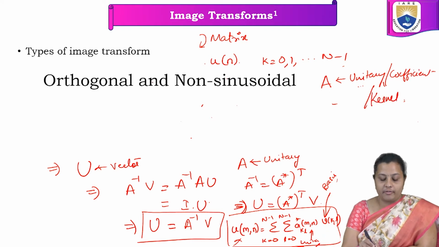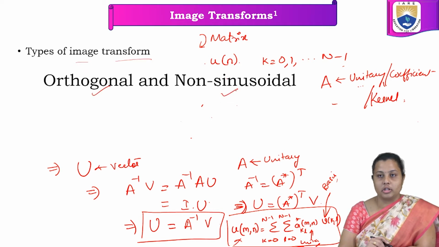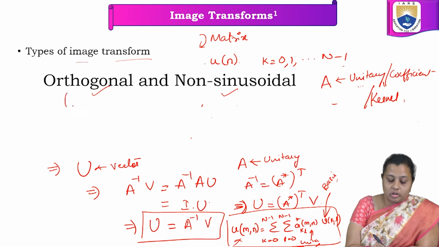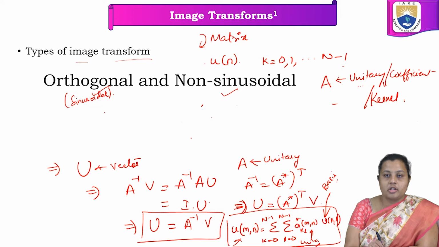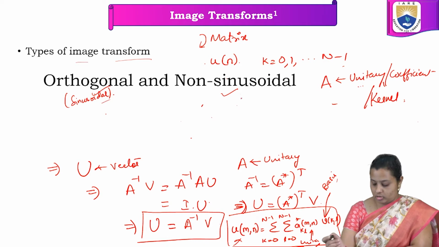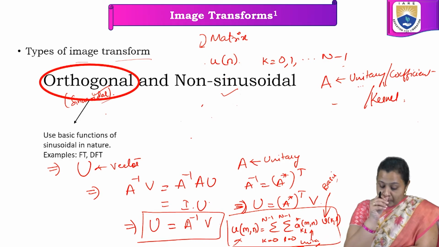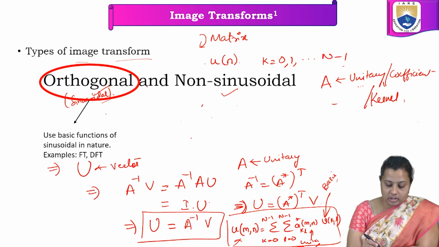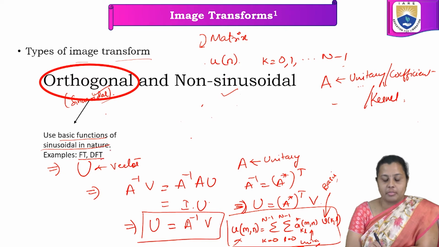Based on that, we can define the image transformations as orthogonal and non-sinusoidal, or the other name for orthogonal is sinusoidal and non-sinusoidal. So the coefficients are obtained from sinusoidal or non-sinusoidal signals. When we come to sinusoidal orthogonal signals, the basis functions are sinusoidal in nature, and examples are the Fourier transform and the discrete Fourier transform.